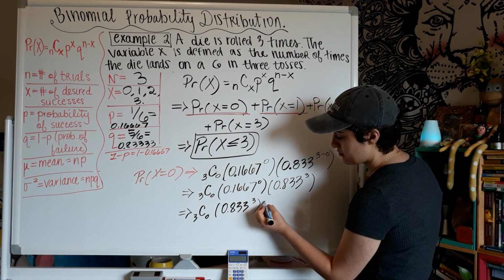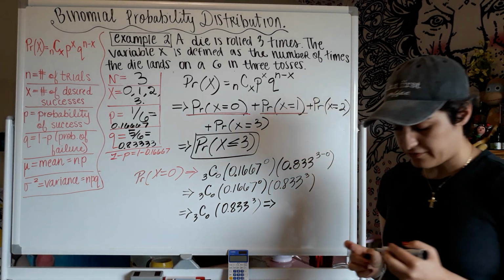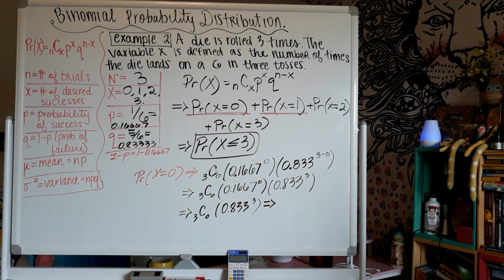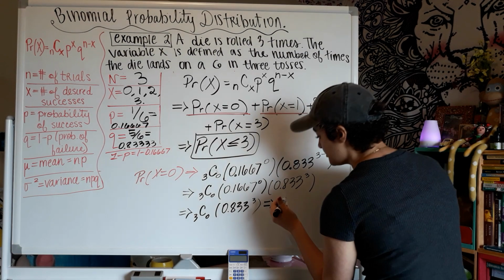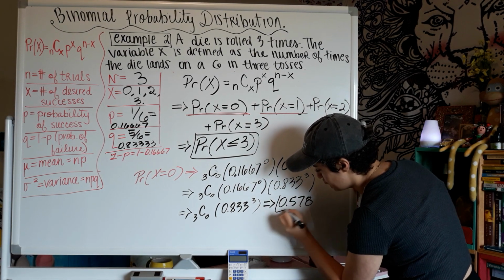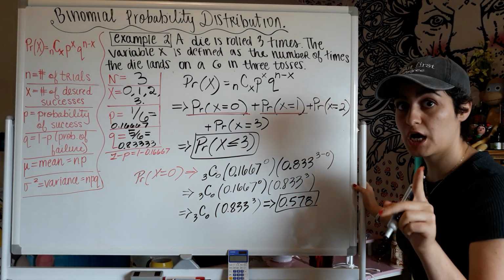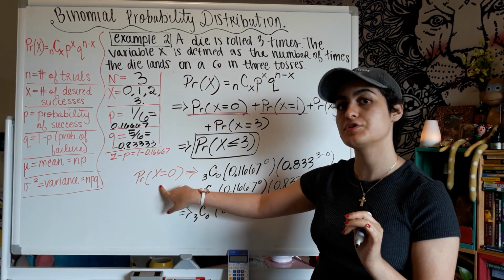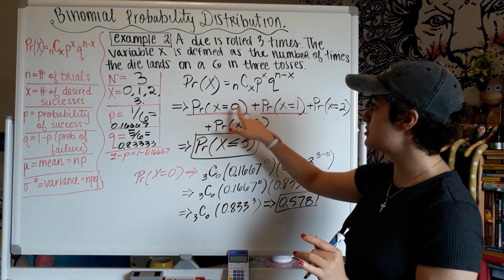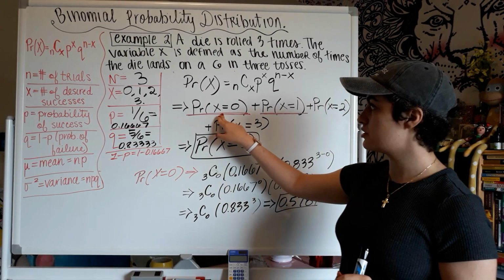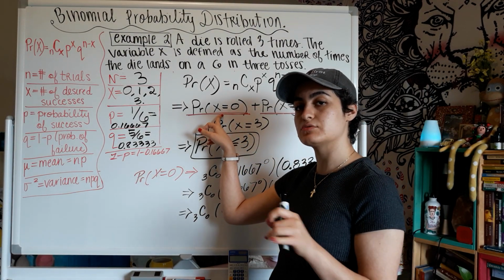And so now, your final answer is 0.578. Not your actual final answer, your final answer for this part, because keep in mind you still have this, and this left. So this is just the setup for the probability when x equals 0.